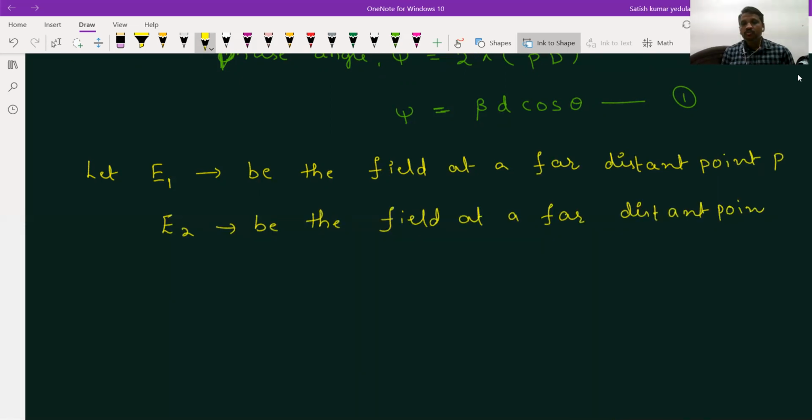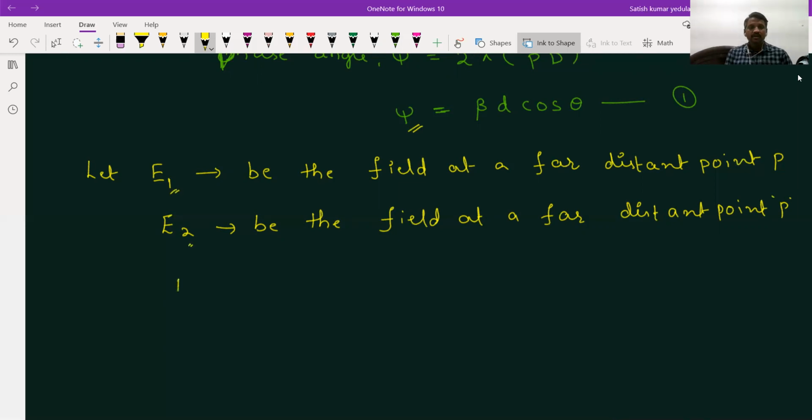But as we know from the case title, the field intensities are of the same amplitude but of opposite phase. The general phase angle or phase difference between the two fields will be psi, because the two antenna elements will have a common phase difference of psi. The same phase will also be obtained in E1 and E2.